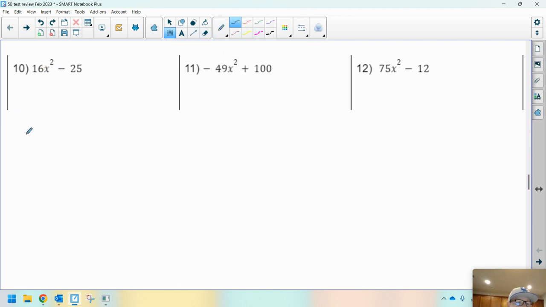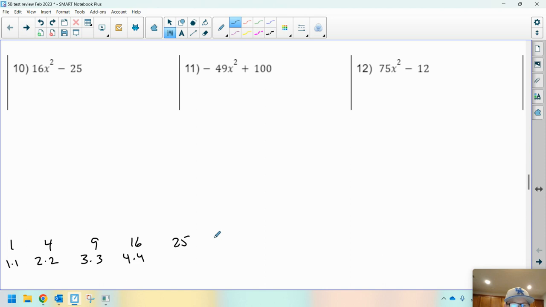Let's list all the perfect squares here. All right, we'll list them at the bottom. Is 1 a perfect square? Yes, it is, because 1 times 1 is 1. Is 4 a perfect square? Yes, because 2 times 2 is 4. The next is going to be 9, 3 times 3. The next is going to be 16, 4 times 4.